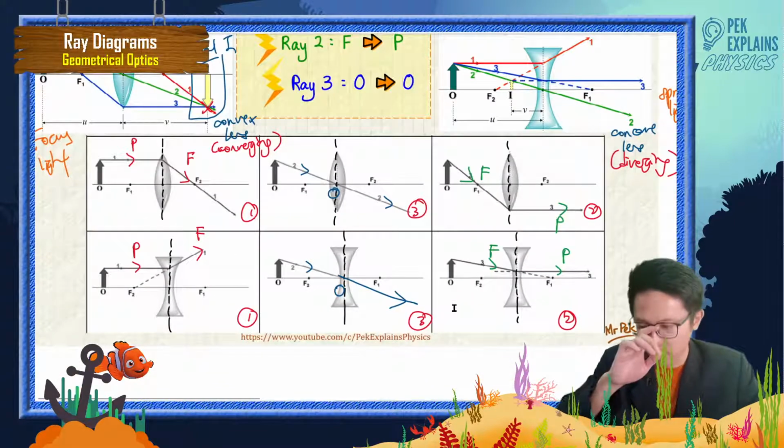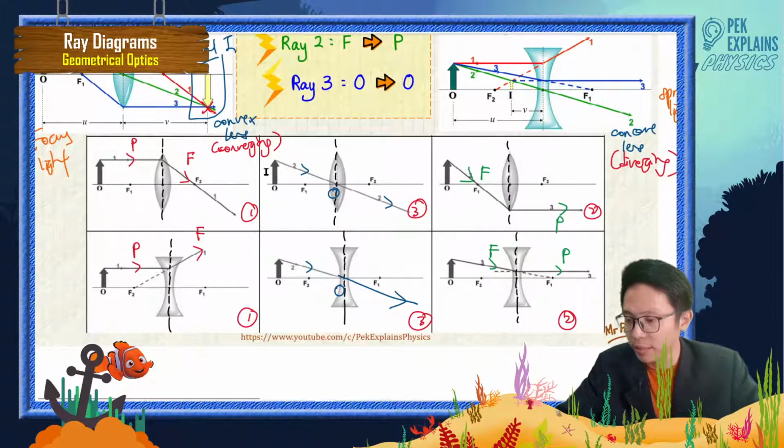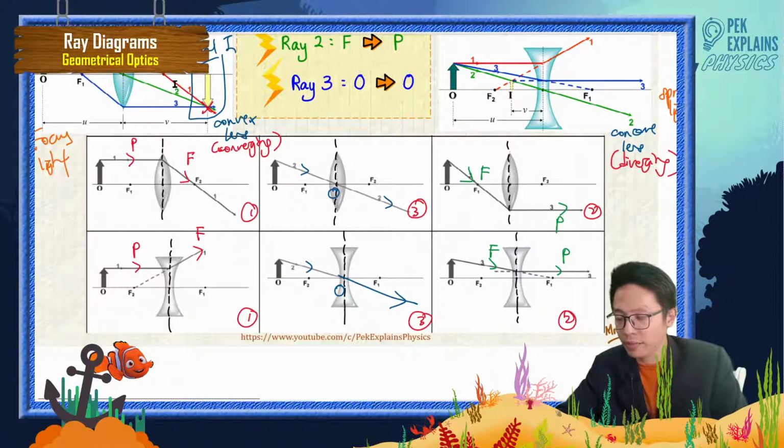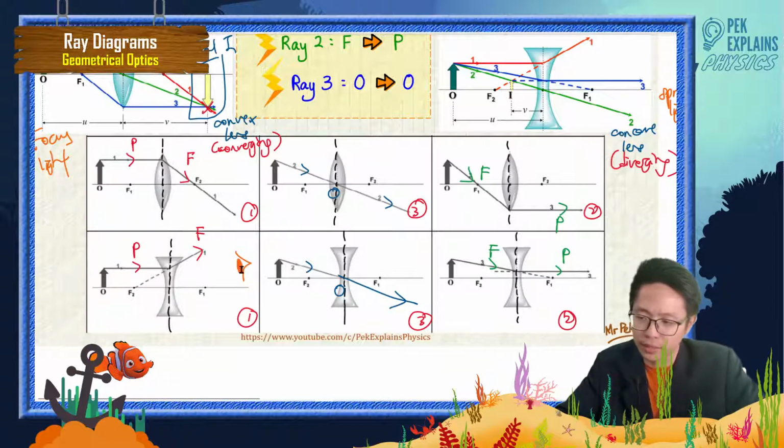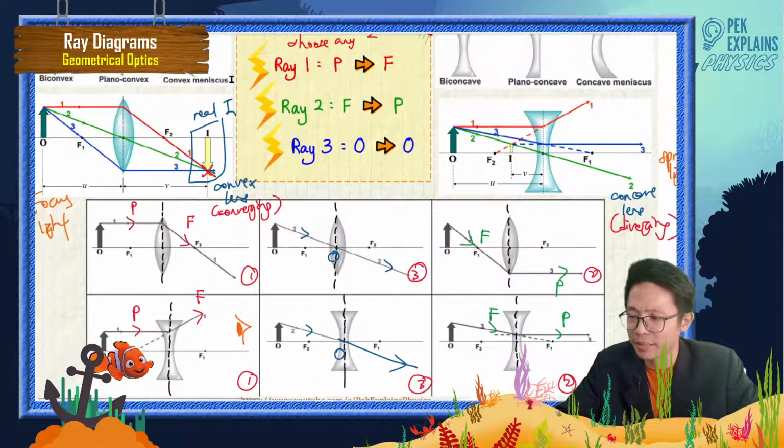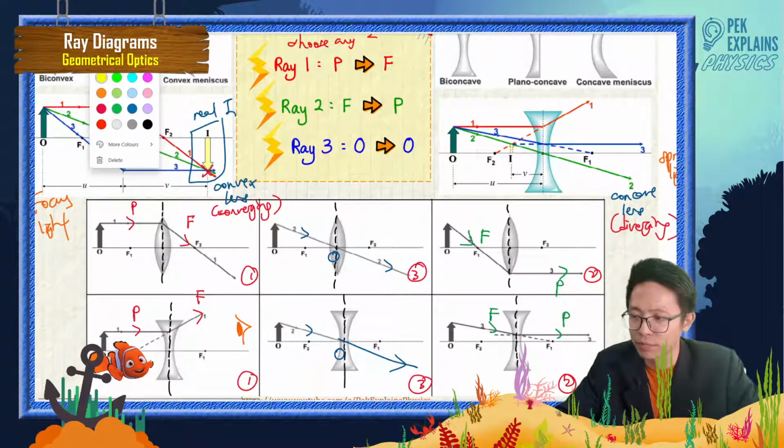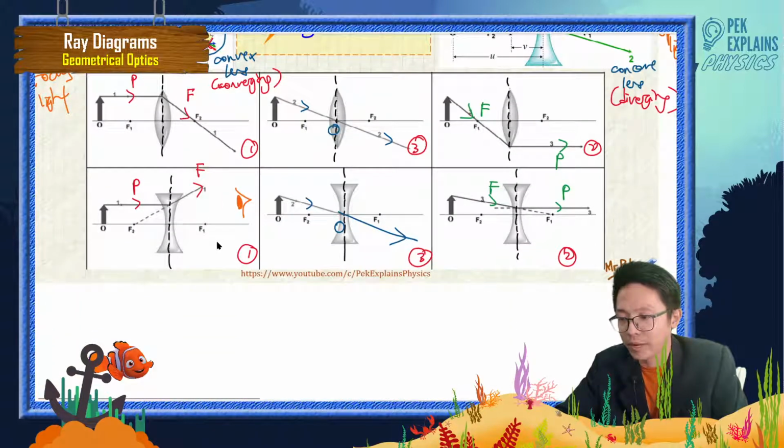Now, what I can say for this one is, from this light, the first ray, I think this ray comes from a straight line. You understand? Because my eyes only assume the light comes from a straight line. So I think that this ray comes from a straight line here.